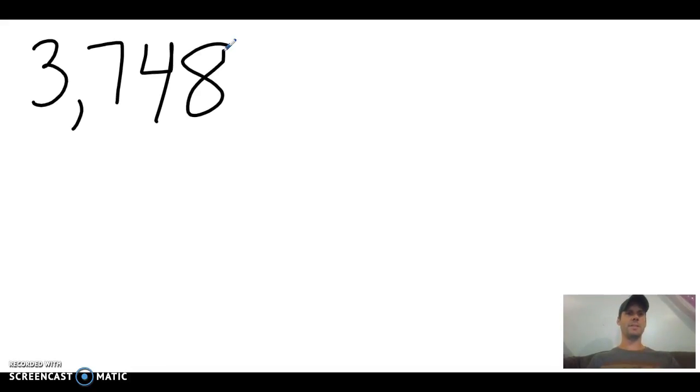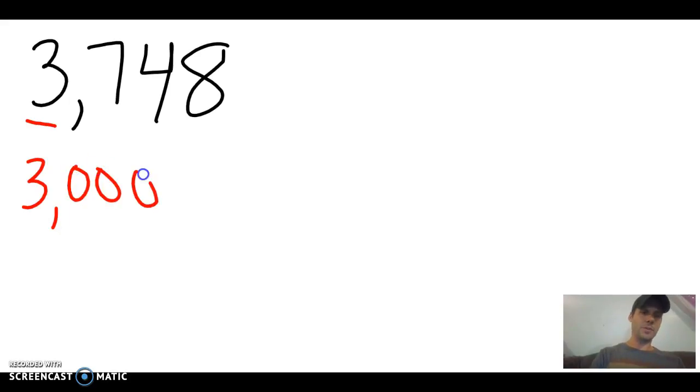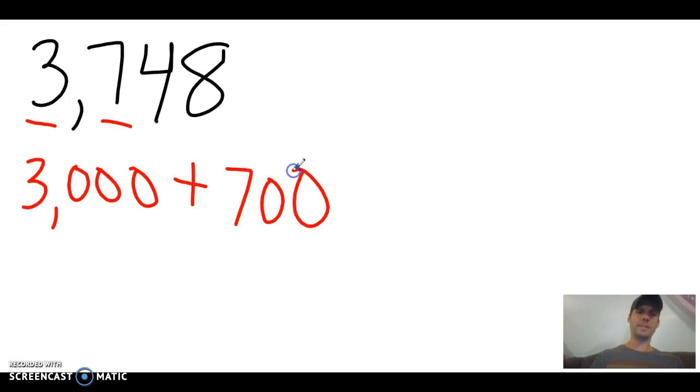So 3,748. Now, if we were going to write that in expanded form, you have to add all of the digit values together. You'd start with this 3. That value is actually worth 3,000. Then the next digit is 7, and that's in the hundreds place, so that's 700. So 3,000 plus 700, and you just keep going.